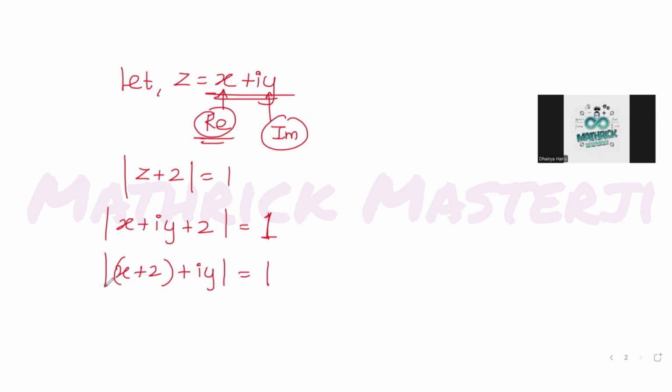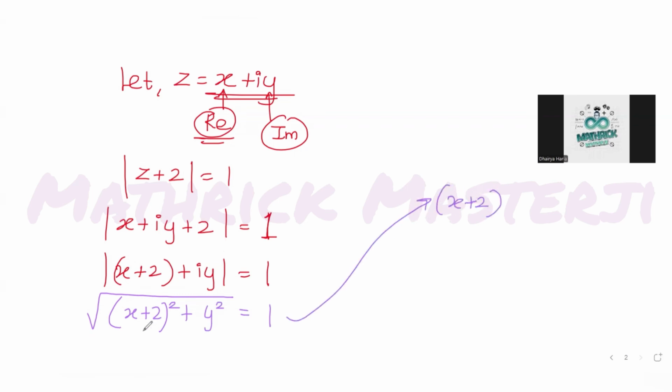The modulus of something means I have to take the square root of the real part squared plus the imaginary part squared. Squaring both sides gives me (x plus 2) squared plus y squared equals 1. So I have my equation 1.